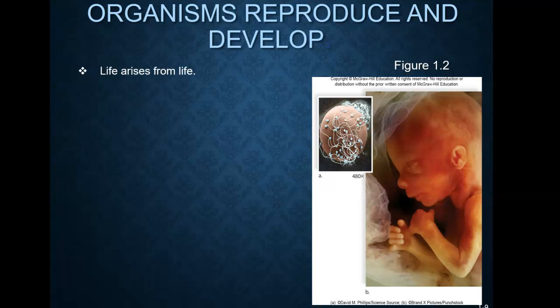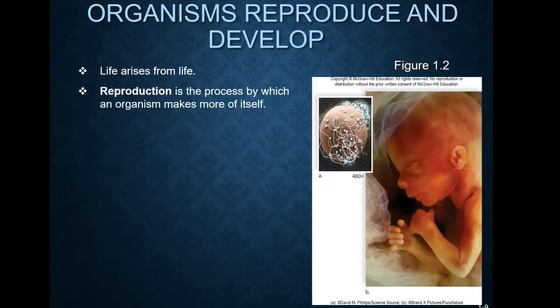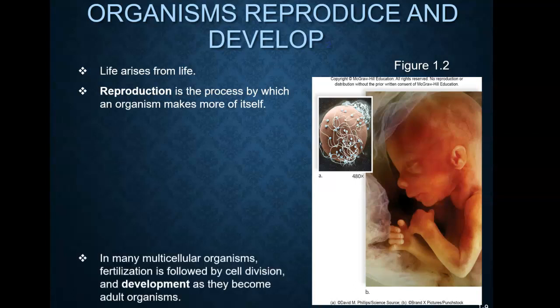Especially when we're making the body cells in our body, that is an asexual type of reproduction. When we produce an infant, that is a sexual form of reproduction in order to replace life. So life arises from life. Reproduction is a process by which an organism makes more of itself.